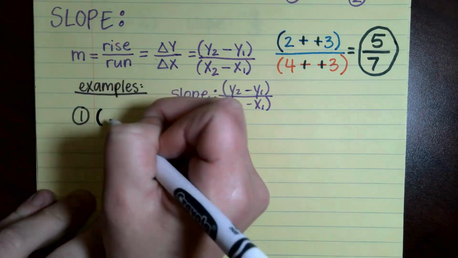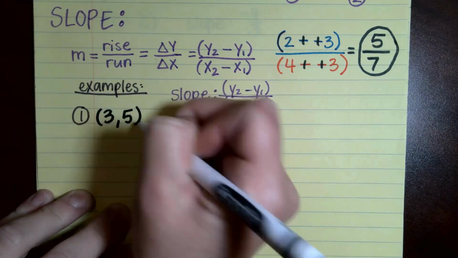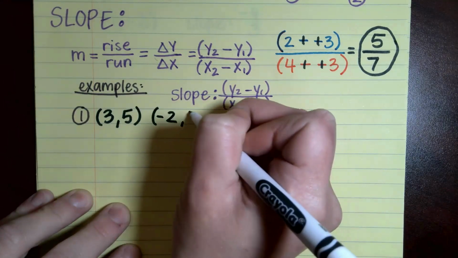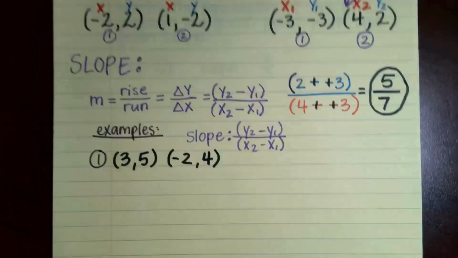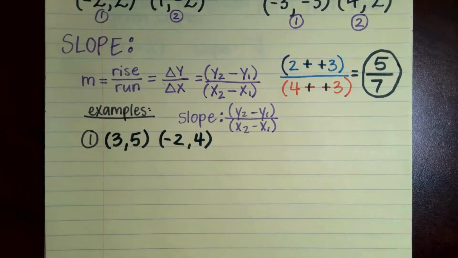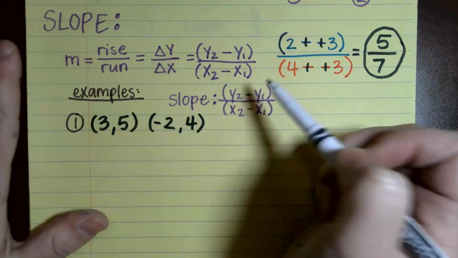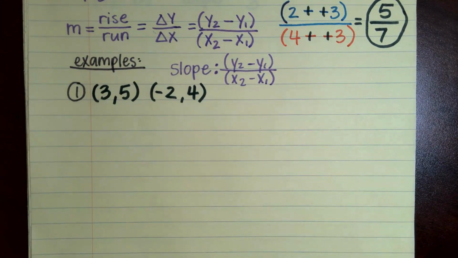So for example, I have the coordinates 3, 5 and -2, 4. So what we need to do here is we need to put these coordinates into this equation so that we can find out what slope is.